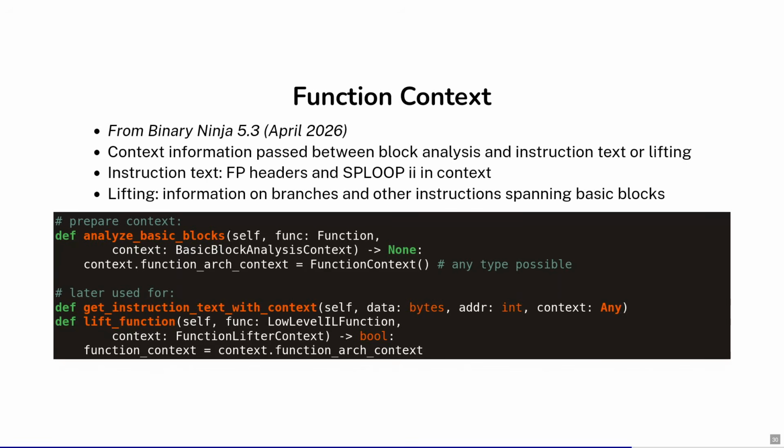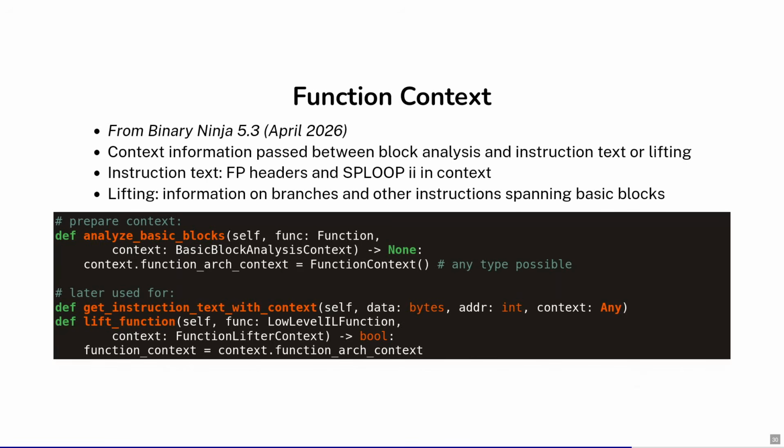When we analyze the basic blocks, we get a view on the whole function. And for get instruction text, we only get single instructions usually, or at most a complete basic block, and that can sometimes be a problem. For instruction text, we can actually pass fetch packet headers for our architecture, because they might be missing in our current basic block.